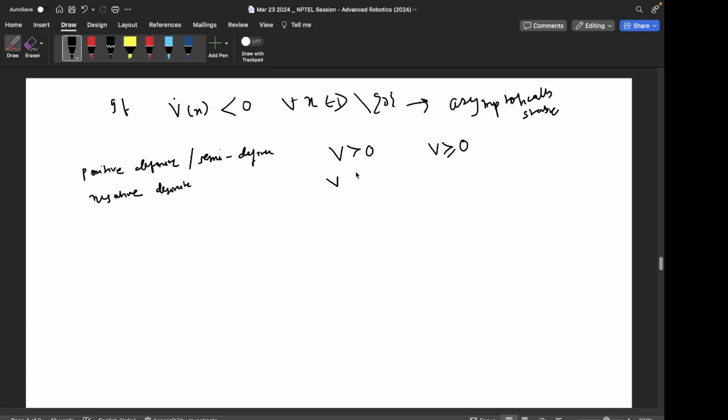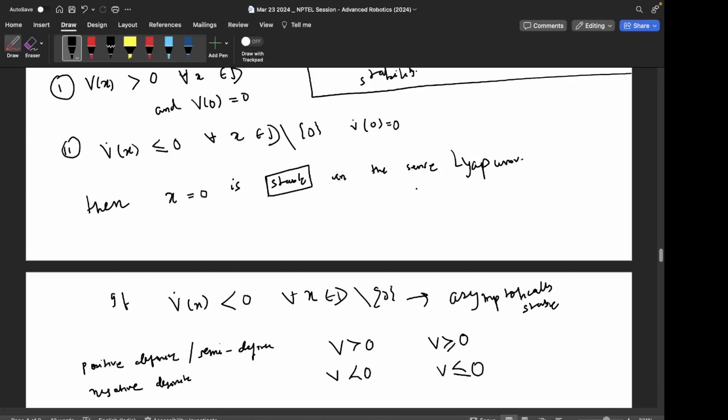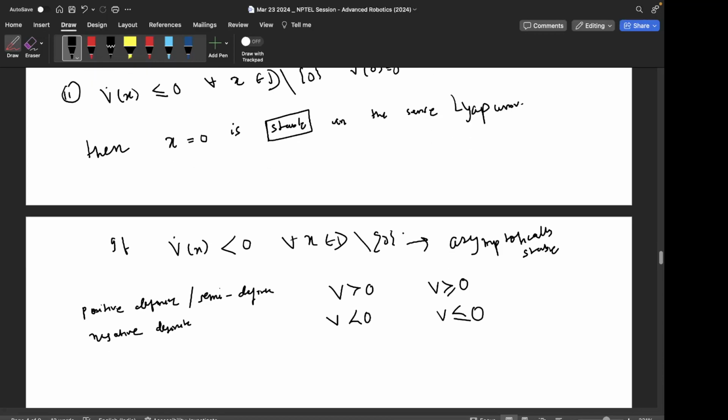Negative definite is the opposite: strictly less than 0, and negative semi definite means it can be 0 also or less than 0. So the Lyapunov function should be a positive definite function, and its derivative should be negative semi definite for stability and negative definite for asymptotic stability.